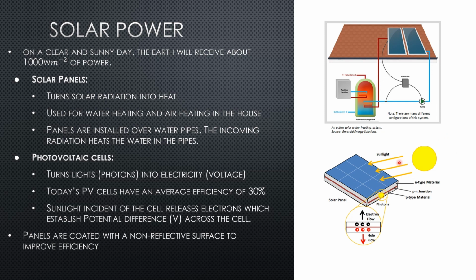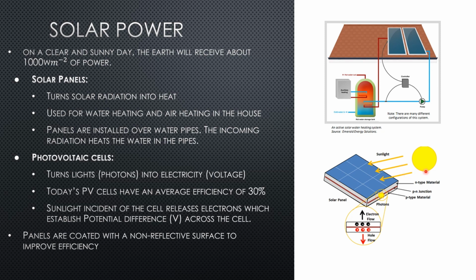A photovoltaic cell, whereas, takes photons from the sunlight and turns that directly into electricity. Today, PV cells have an average efficiency of 30%, which means that they're able to convert 30% of the energy from photons into electricity.